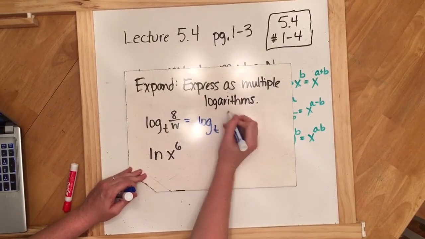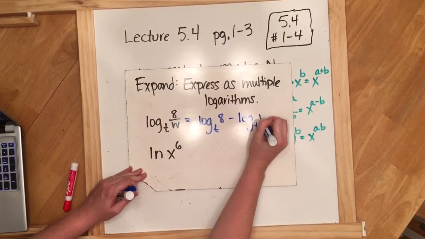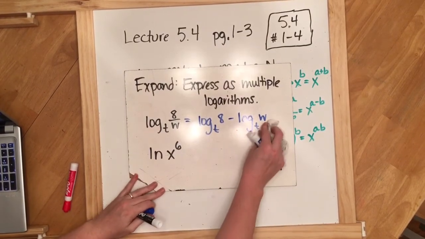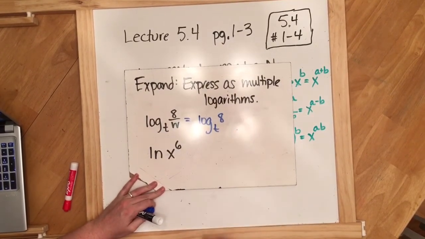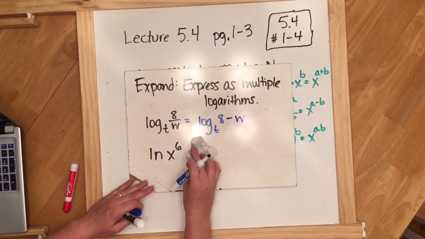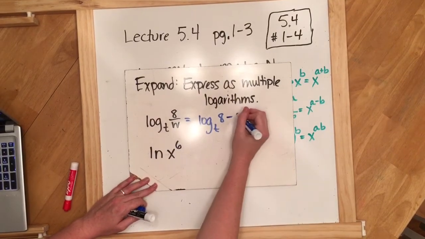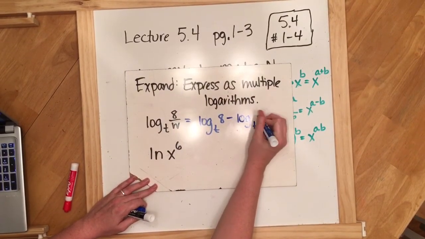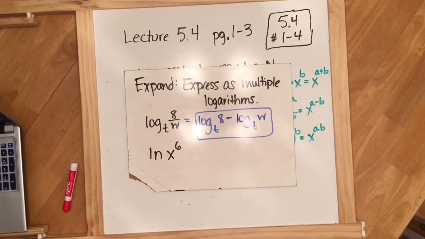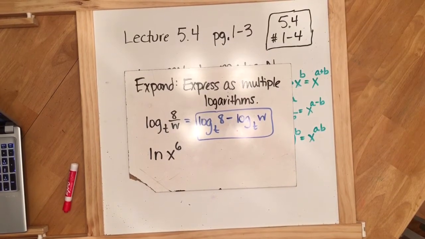So log base t of 8 minus log base t of w. Notice it's real tempting sometimes to write 8 minus w, okay? But that's not writing it as multiple logarithms. We also have to have this secondary logarithm there. So that is breaking it up into two logarithms, or expanding.